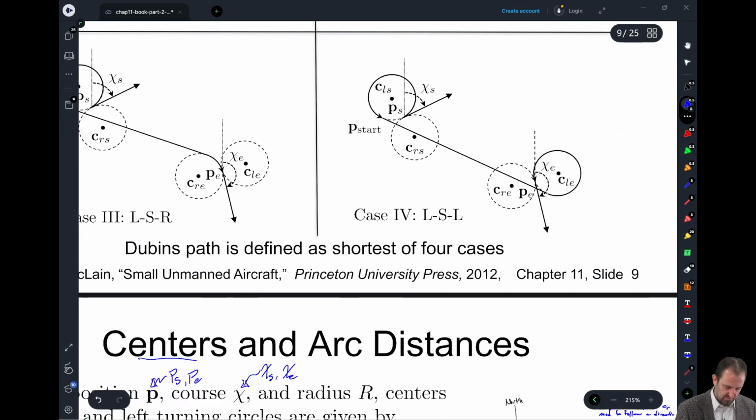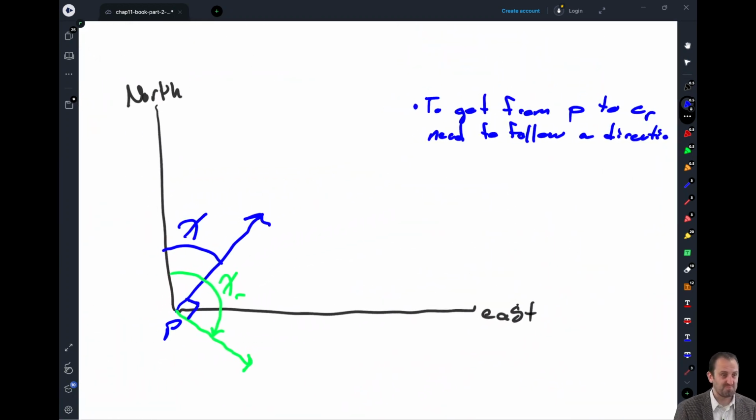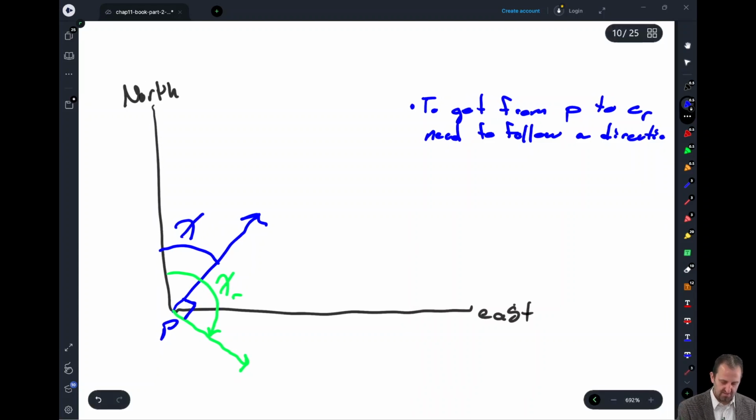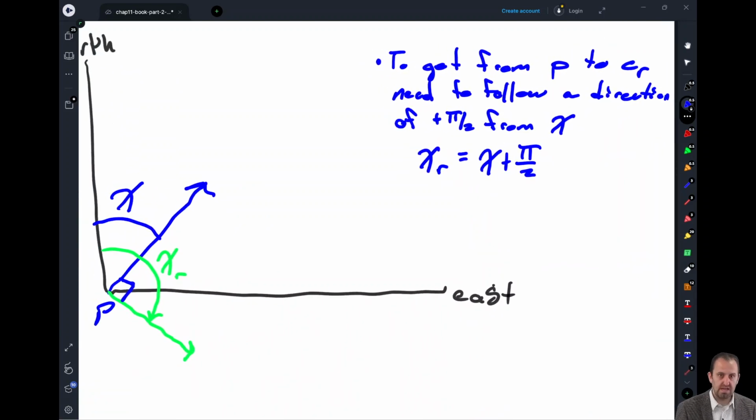If we look at chi, we're going to rotate it by a positive angle of 90 degrees, or positive pi halves from chi. So in other words, our chi r is equal to chi plus pi halves. Then the unit vector pointing from P to C.